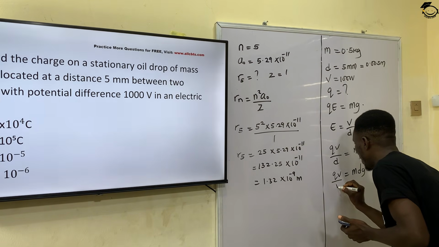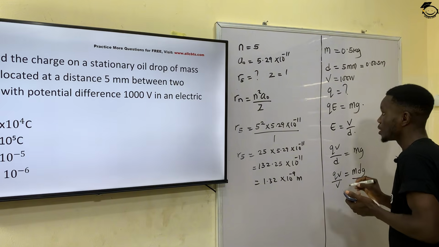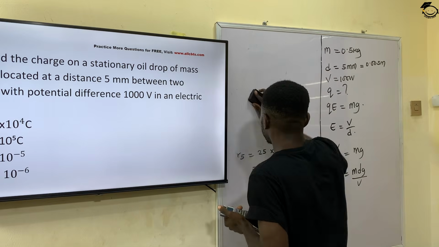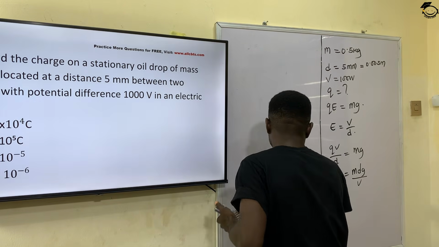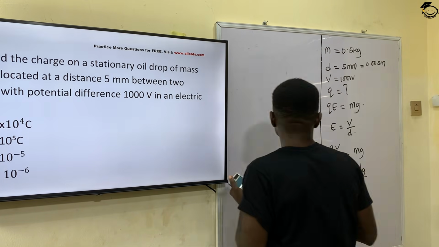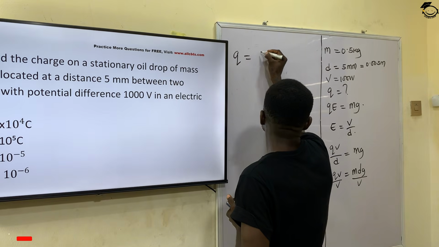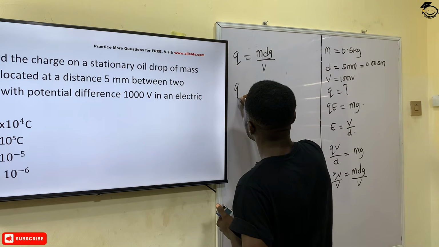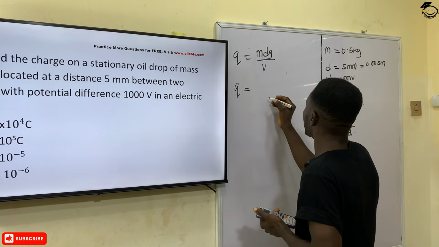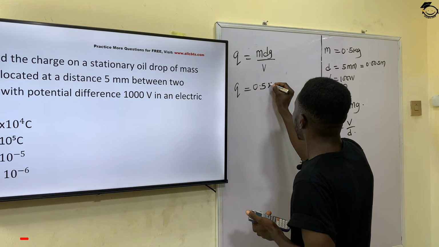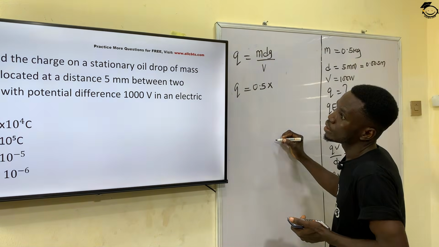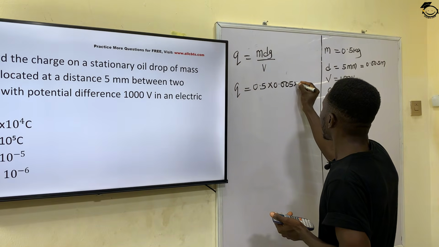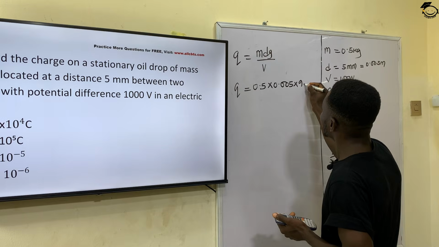So I'll divide both sides by V. This means that my Q will be equal to mdg over V. So with this, we know that our Q therefore is equal to the mass that was given, 0.5, times the distance that was given in the question, 0.005, times our g, which is 9.8, a constant.